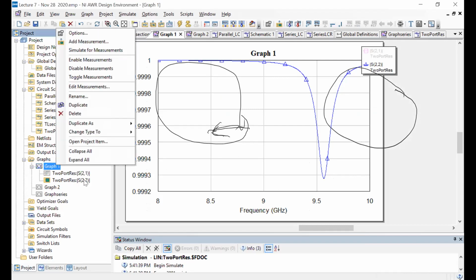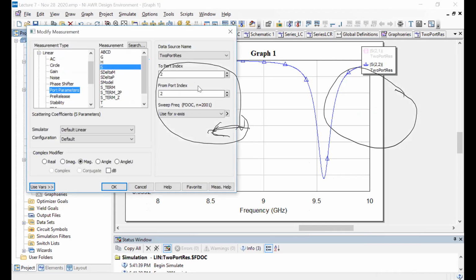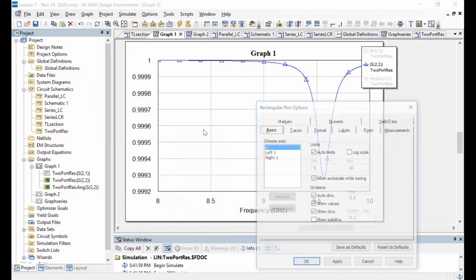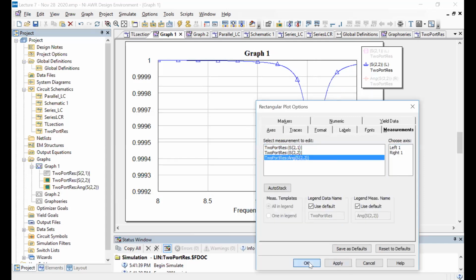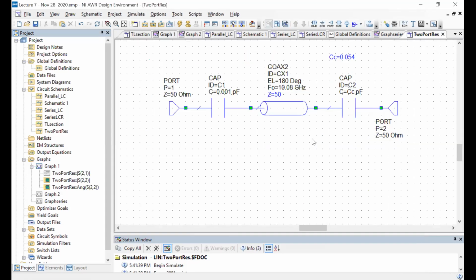And we will look at the phase, which is what we always looked at when we were looking at a single port resonator. So I'll go to angle. Let me put this on the right axis. And then you see your same familiar shape. Of course, it's offset because of this capacitor. We've already seen that.